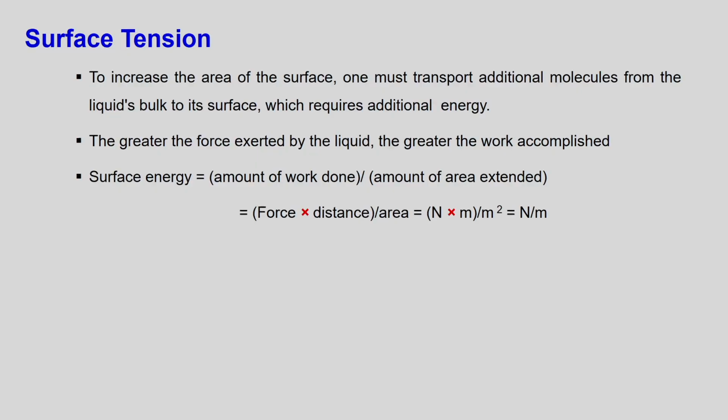So, to increase the area of the surface, one must transport additional molecules from the liquid's bulk to its surface, which requires additional energy. I suppose now you understand. It is similar to chemical potential, what you study in thermodynamics. What is chemical potential? It is how much energy you require to bring a molecule from an infinite state to a particular point in the matter.